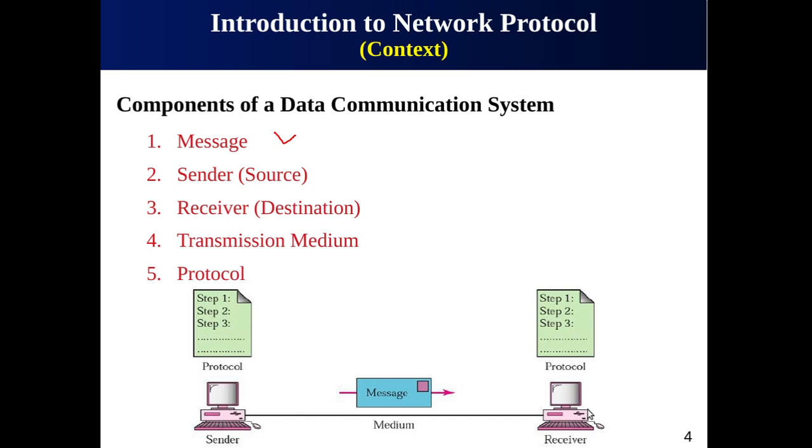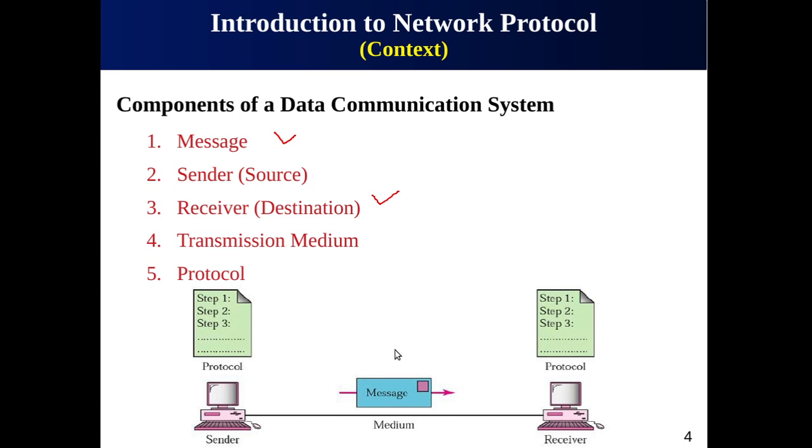On the other side, we have a third component, that is the receiver, or you can say the destination of the message. The receiver is the device that actually receives this message. It could be again a computer, a workstation, a server, a telephone set, a television, a video camera, a smartphone, anything.